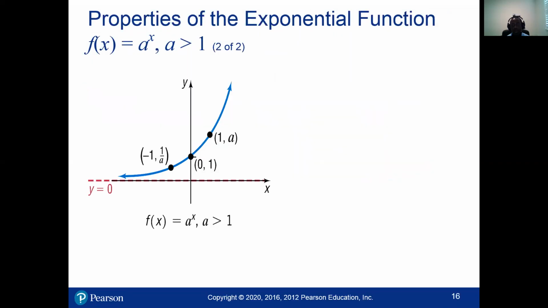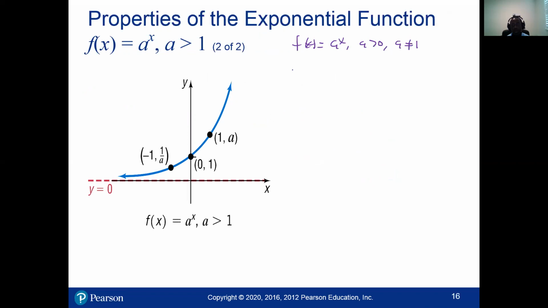Okay, so now let's look at the properties of exponential functions. Remember, generally we have f(x) = a^x, where a is greater than 0 and a is not equal to 1.